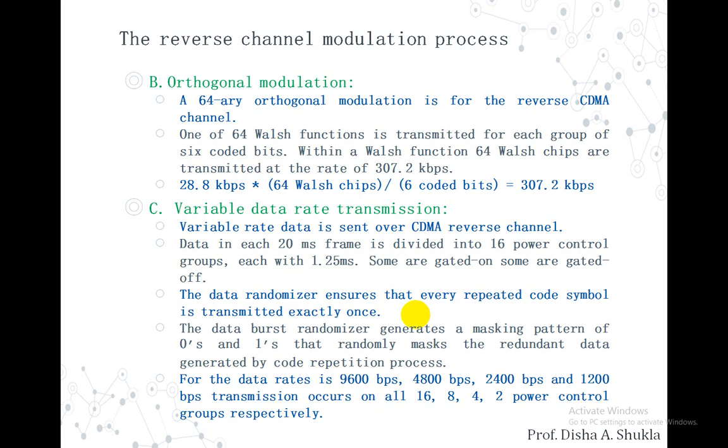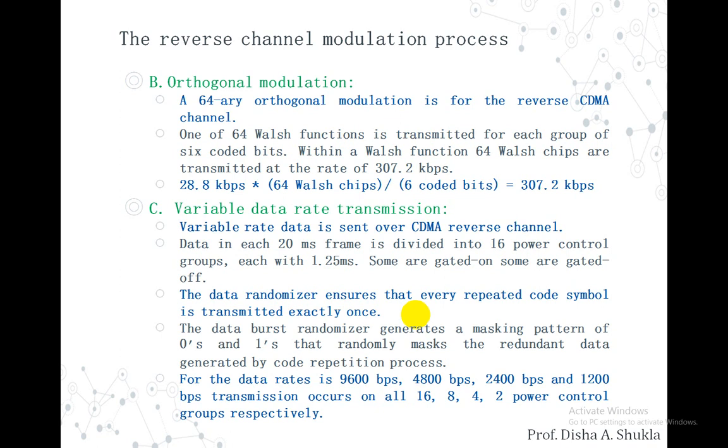It generates a masking pattern of zeros and ones that randomly masks the redundant data generated by the code repetition process, so that the redundant data can be reduced.